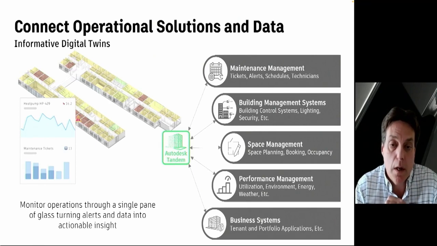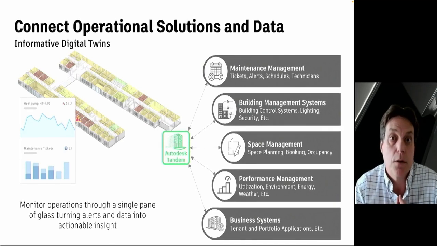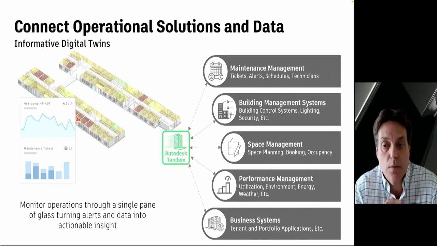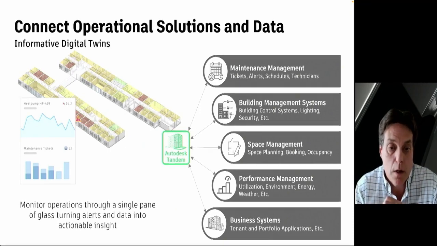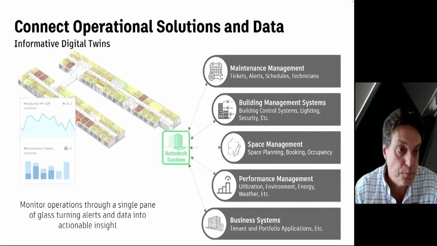Instead, we're working on connections to popular maintenance management, building management, IoT, and other systems. Through these connections to real-time and operational data, we'll deliver that single pane of glass for monitoring and operating a facility. Our goal is to create an informative twin by correlating all of that siloed data and leveraging it to create actionable insight.